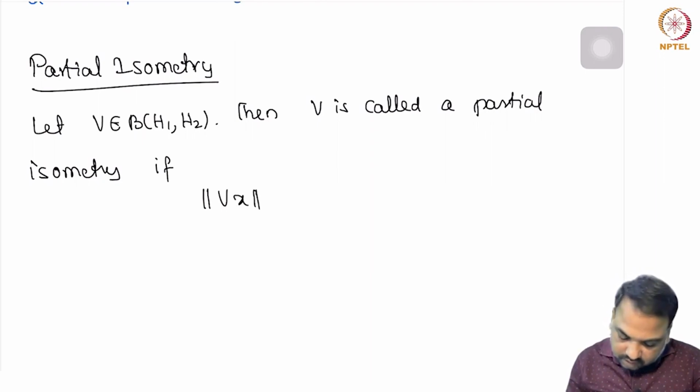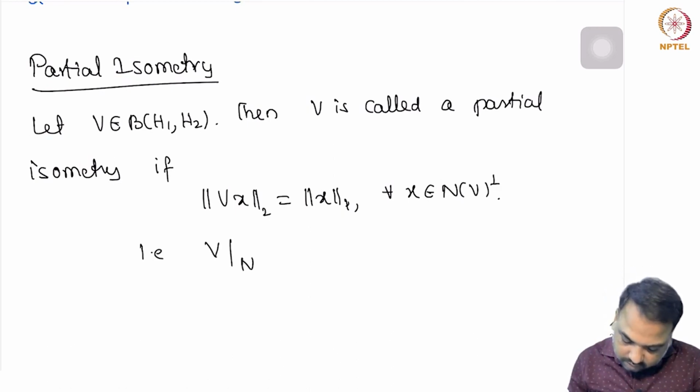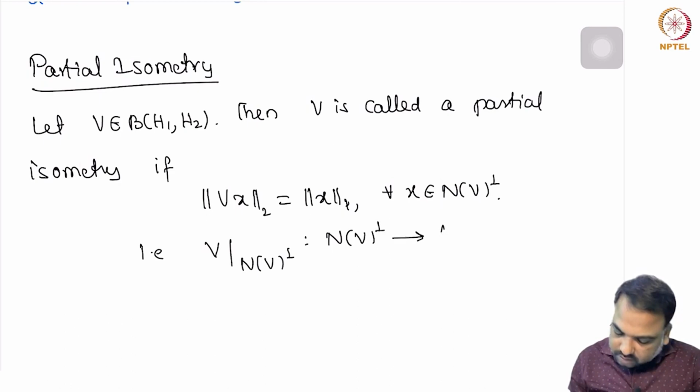That means norm Vx equals norm x for every x in null space of V perp. So V restricted to null space of V perp, as a map from null space of V perp into H2, is an isometry.